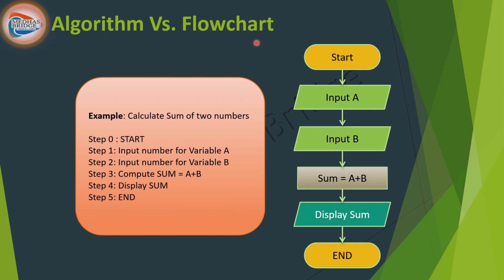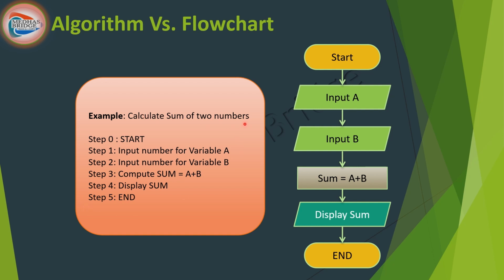Algorithm versus flowchart. We are trying to map our sequential step-by-step procedure, which we built for computing a given problem statement, into a pictorial representation known as a flowchart. In this example, I built 6 step-by-step statements to compute my problem statement, isn't it?